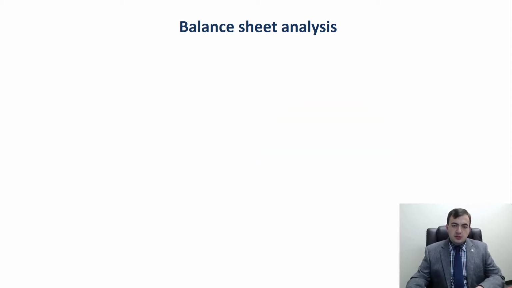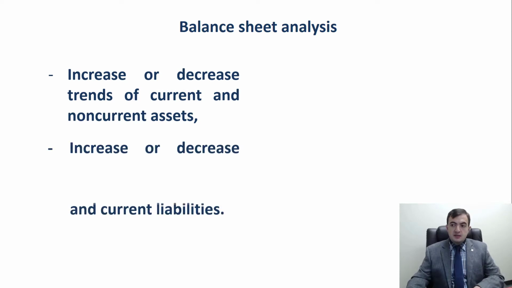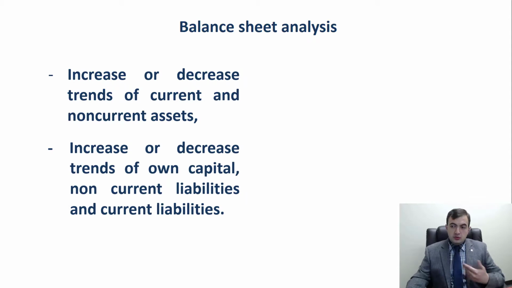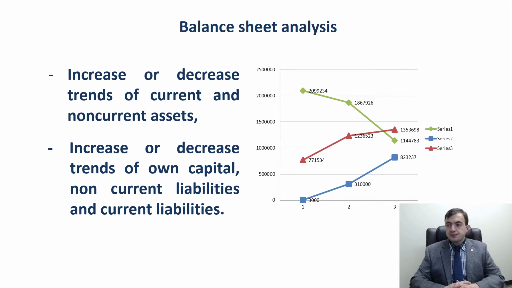So afterwards, to visually show the increase or decrease trends of current and non-current assets, also to demonstrate visually the increase or decrease of own capital, of non-current liabilities and current liabilities, we can use this kind of charts.